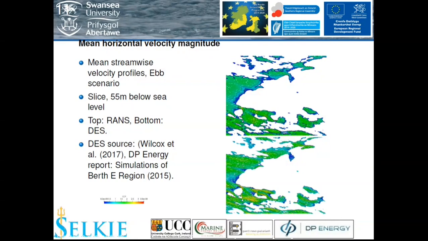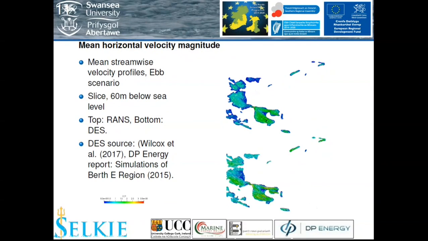Plots are also compared to Wilcox et al., who carried out a similar analysis using a detached eddy simulation type analysis. It can be seen that the RANS computation compares well with the DES simulations, with slight differences resulting from the DES simulation using additional synthetic turbulence at the inlet, which wasn't used in the RANS computations.